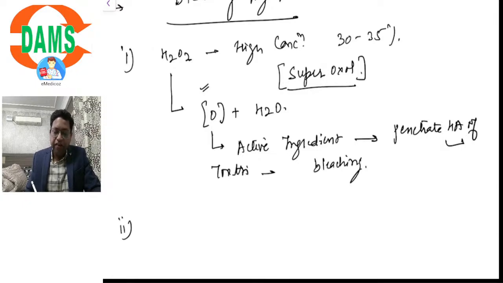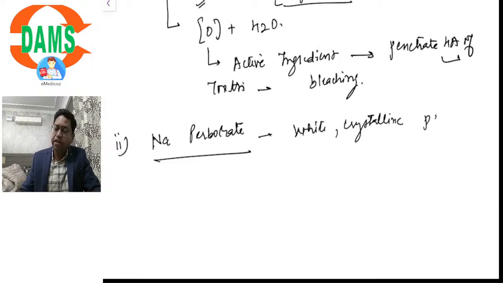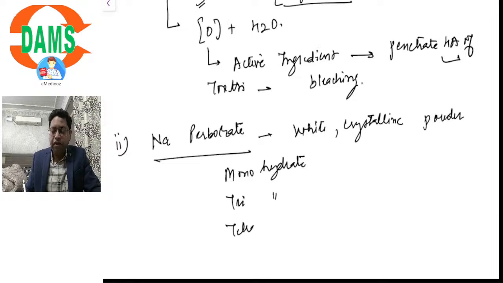The second chemical that can be used is sodium perborate. Sodium perborate is a white crystalline powder, and depending upon the volume of oxygen it contains, it is available as monohydrate, trihydrate, or tetrahydrate form.